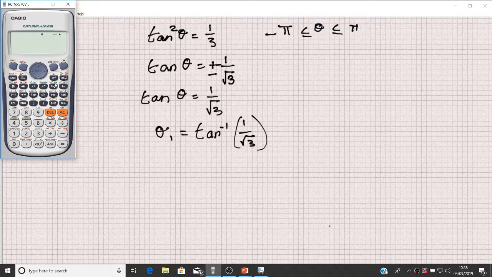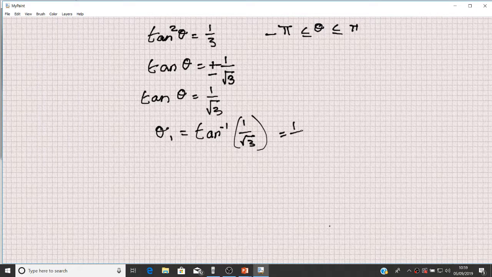Now I need to go back to radians, so shift mode 4 for radians, shift tan inverse 1 over root 3. And I get the value of positive 1 over 6 pi. So theta 1 is positive 1 over 6 pi.